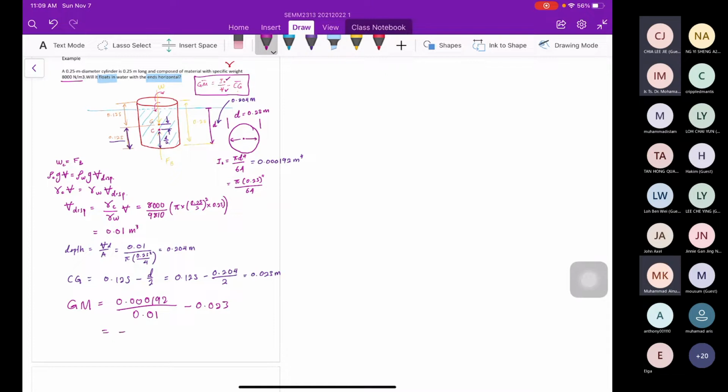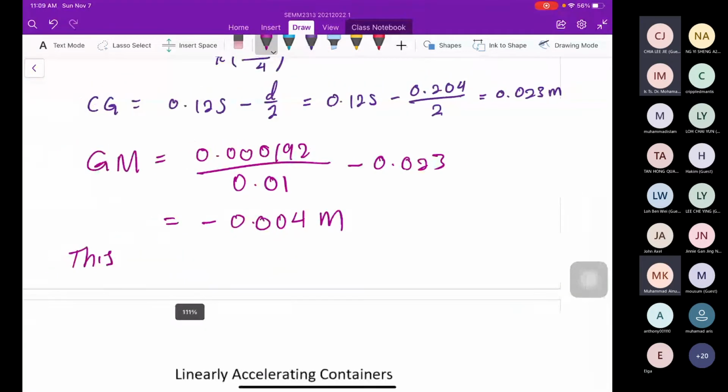Finally, you will get negative 0.004 meter. This is a negative value.